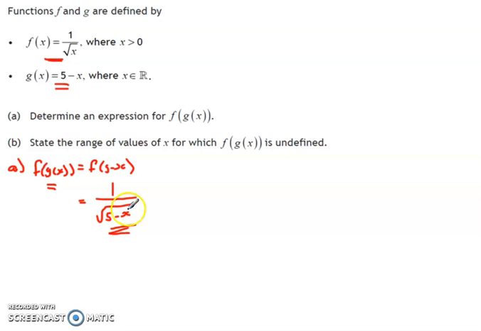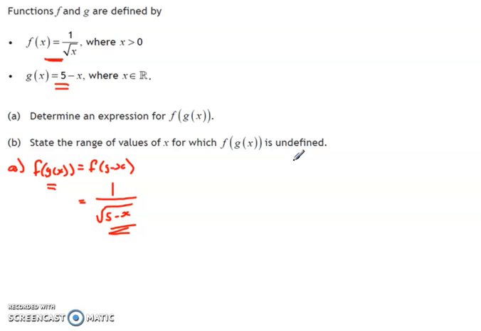So there you go, that's the composite function f of g of x, 1 over square root of 5 minus x. Now the second part is looking at the range of values for x for which the function is undefined. You have to think of scenarios where if something is undefined, it cannot exist. For example, if I did 1 over x, I know the range couldn't include x equal to 0 because I'd be dividing by 0, so the function doesn't exist.